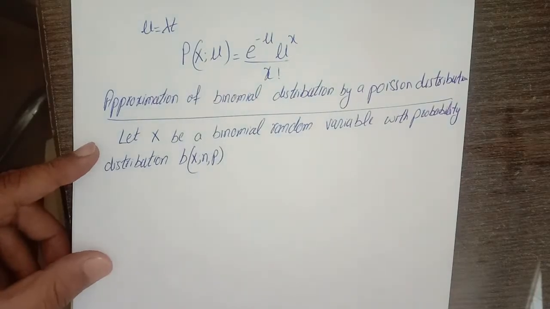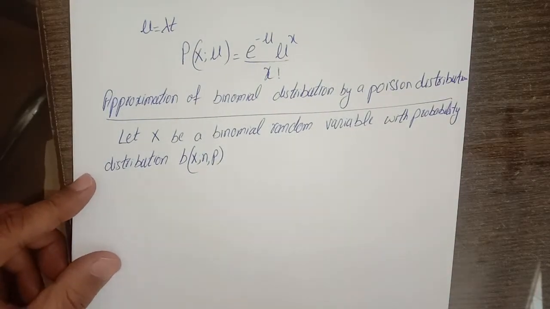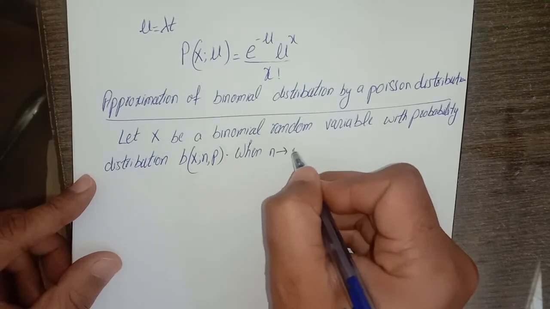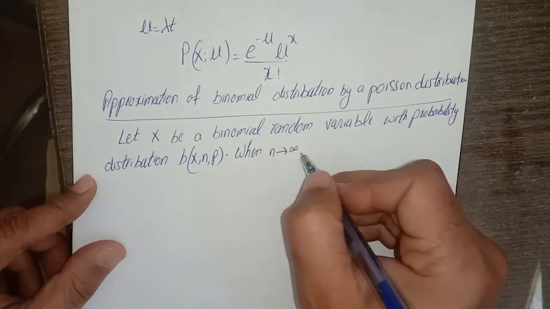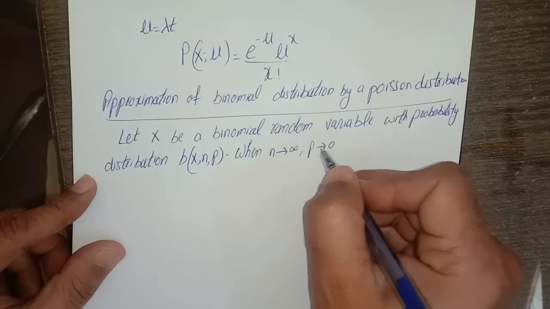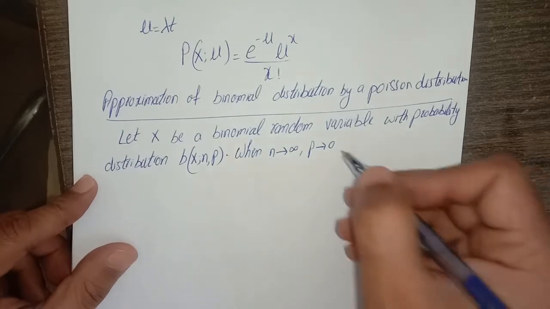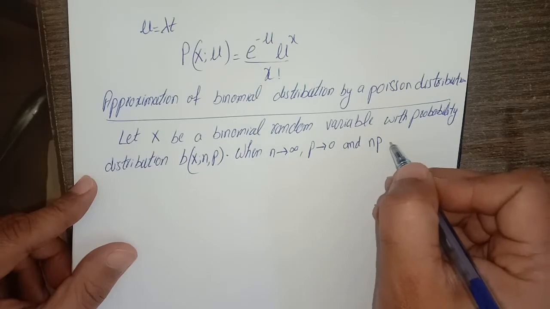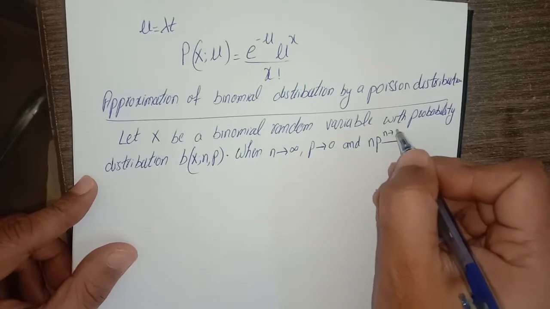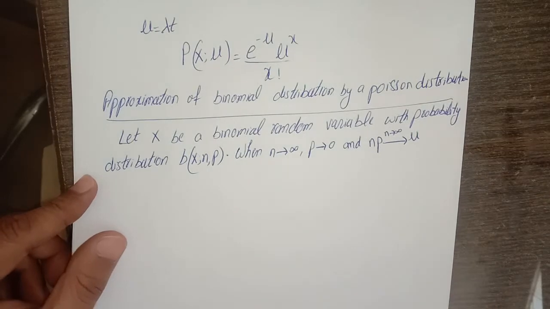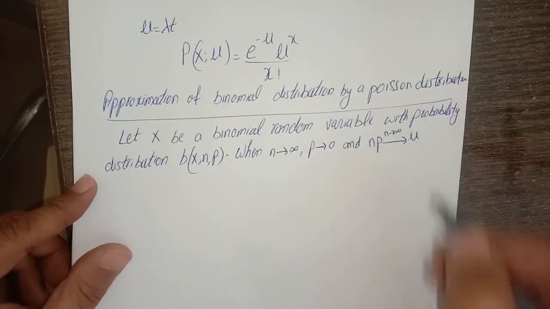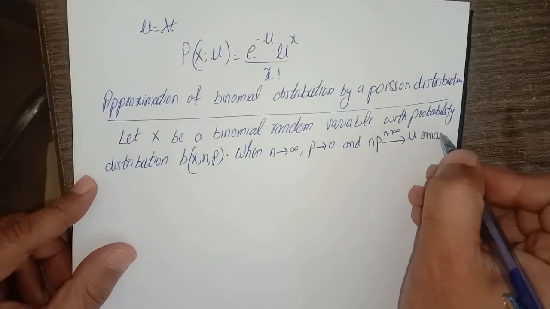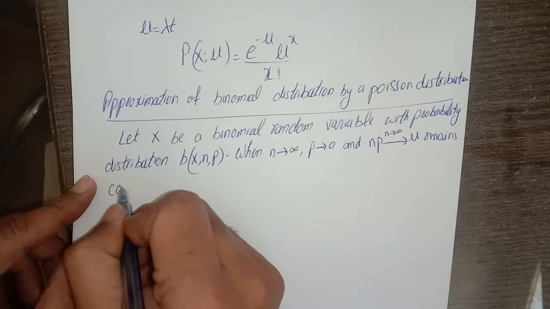Remember, this is the binomial distribution when the number of trials is very large. This n tends to infinity, the probability of success tends to 0 as I told earlier, and then this np is mu, such that this mu remains constant.